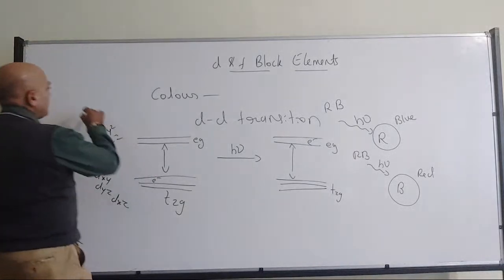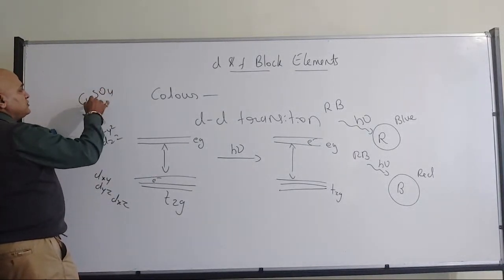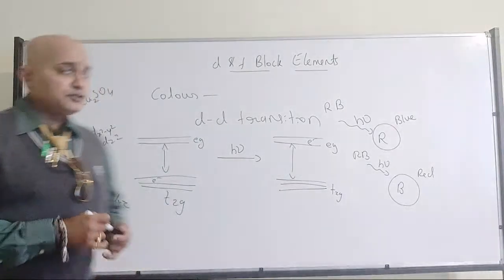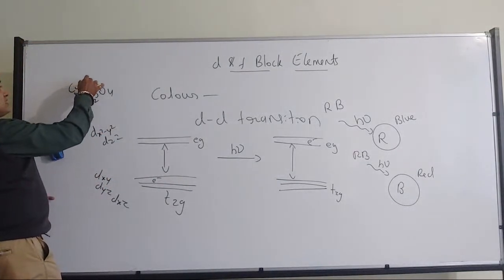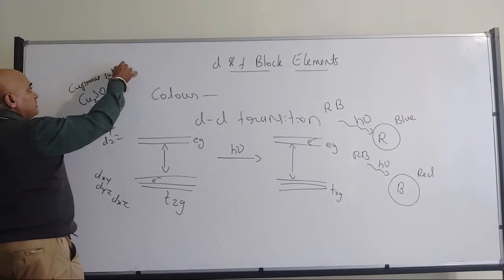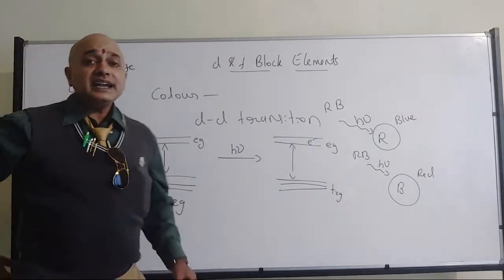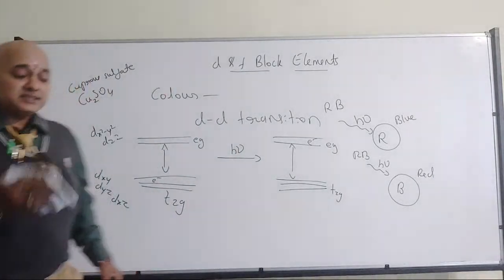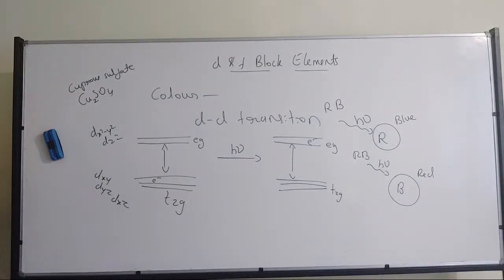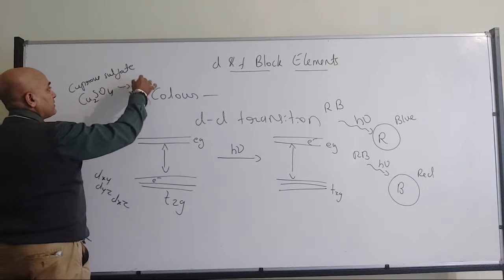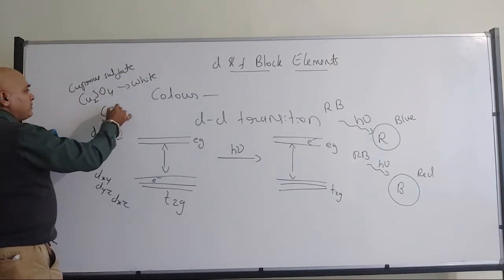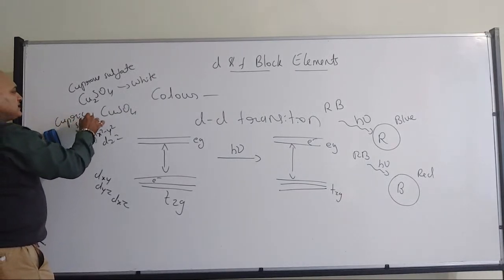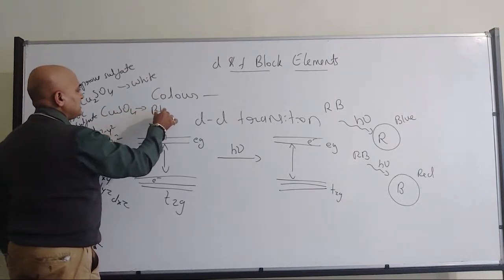Say for example, if I take Cu2SO4, what do you mean by Cu2SO4? Cuprous sulfate. Cu2SO4 is nothing but cuprous sulfate, an unstable molecule, no doubt, not very stable, due to less hydration enthalpy for the cuprous ion. But still, cuprous sulfate is white in color. But if I take copper sulfate, that is cupric sulfate, it has a beautiful sky blue color.